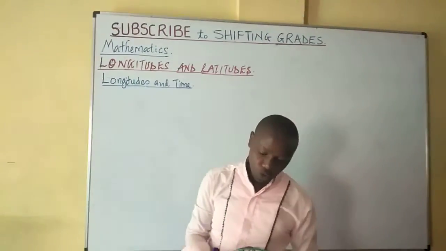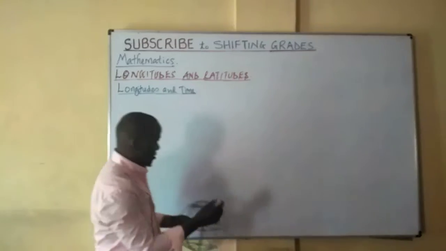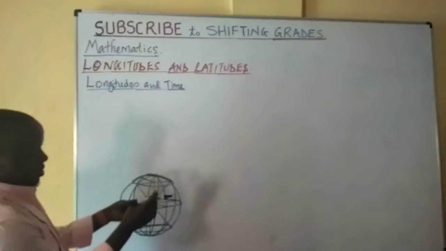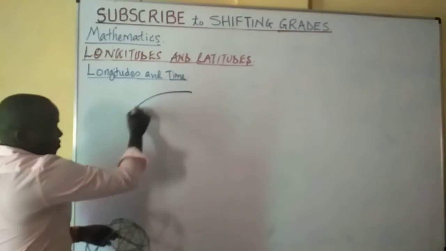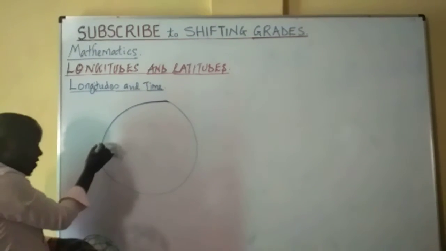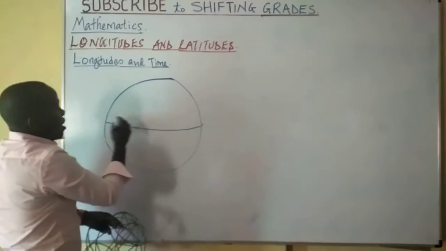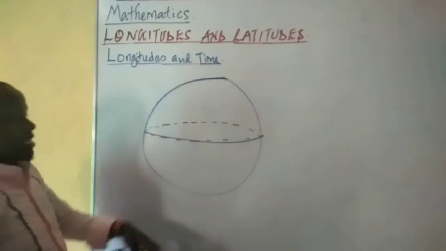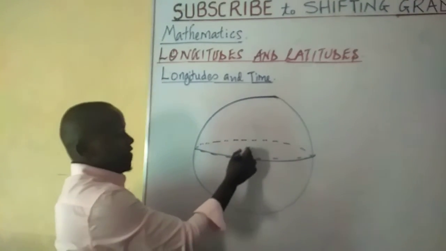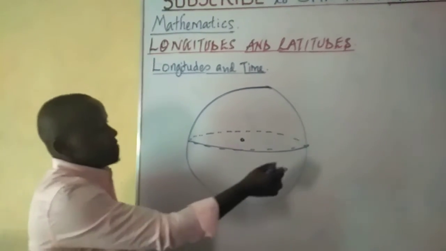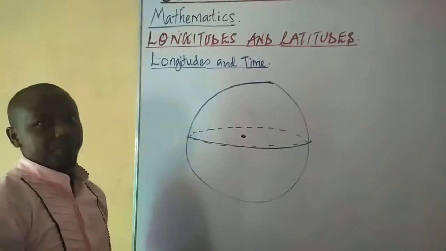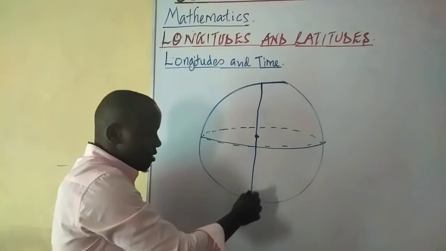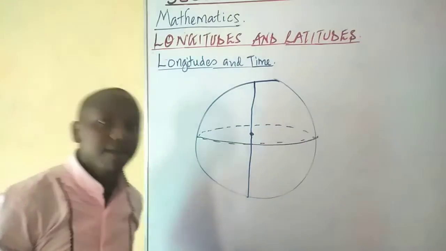It is good to note that the Earth is spherical, and therefore following one latitude, for example the equator, the whole globe is circular, and you will find that it is 360 degrees.